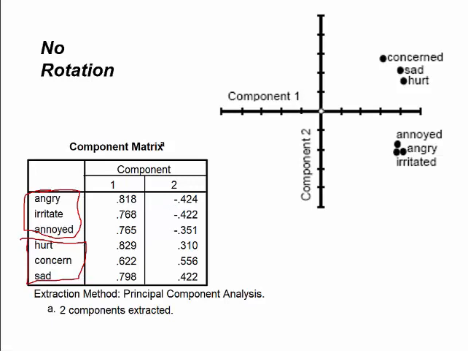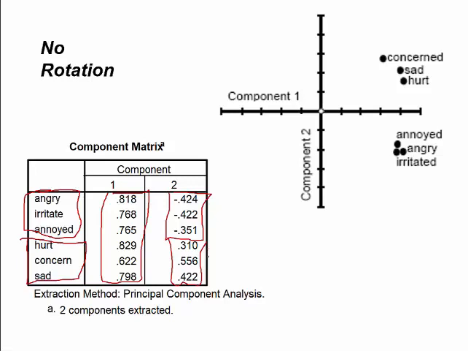This solution here is a little bit hard to interpret because, on our very first component, all 6 of these items have very high loadings. Our second component seems to be teasing apart the hard emotions, which have negative loadings, and the soft emotions, which have positive loadings. But it's hard to give our factors names this way.